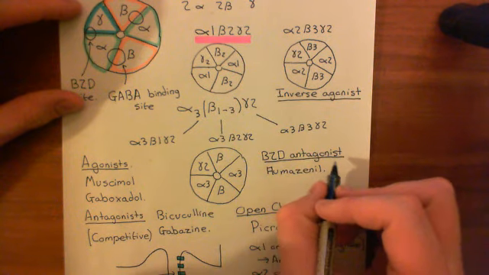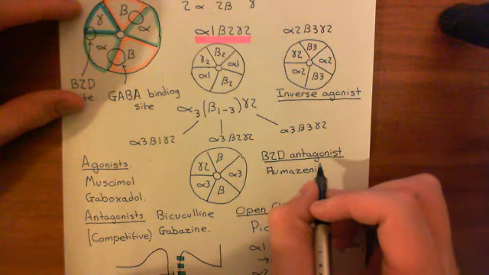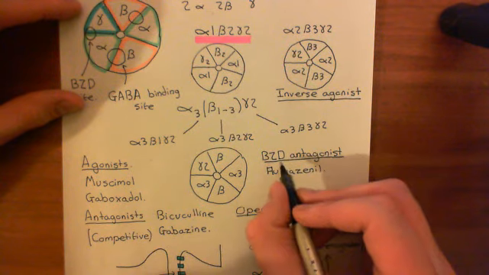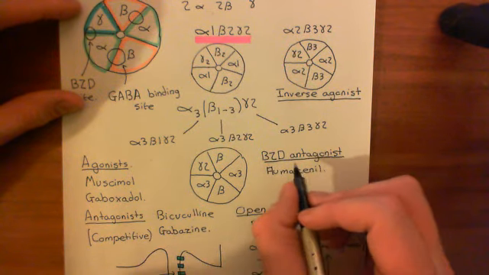Nowadays, people often use antagonist just to mean inhibitor, but that's actually wrong, okay? And because people do use antagonist just to mean inhibitor, to stress the point that we mean a drug which binds to a site but does not stimulate the site, we now generally say competitive antagonist.